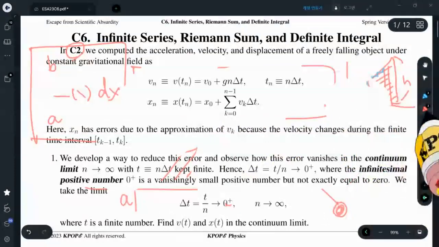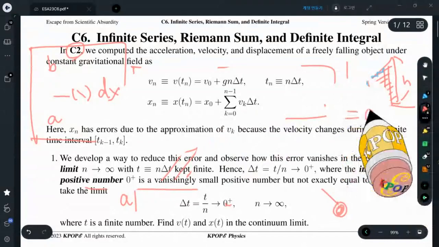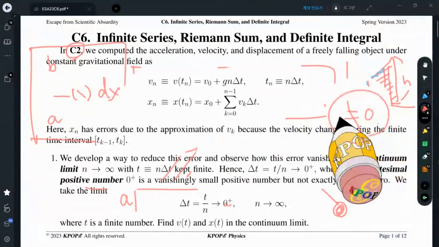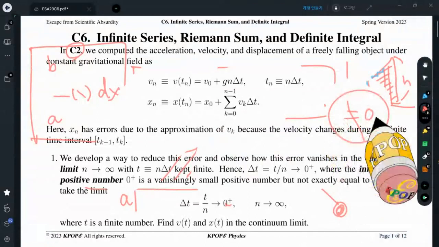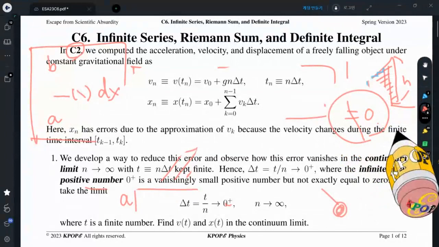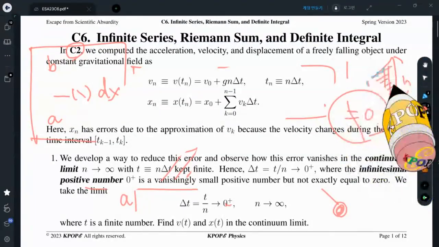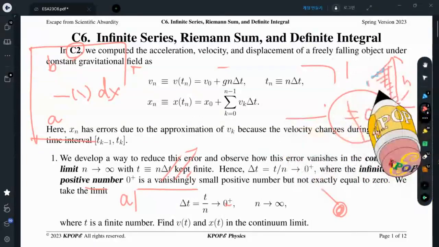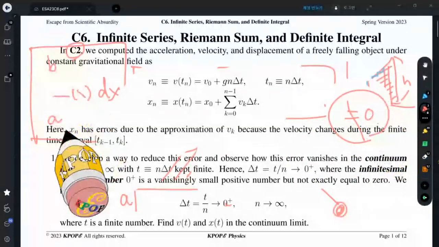Approaches 0 does not mean equals 0. It is not equal to 0. Instead, it is very close to 0, arbitrarily small, so that we call it infinitesimal. And from the product of an infinitesimal width and an infinite number of slices, we obtain a finite value, the definite integral.